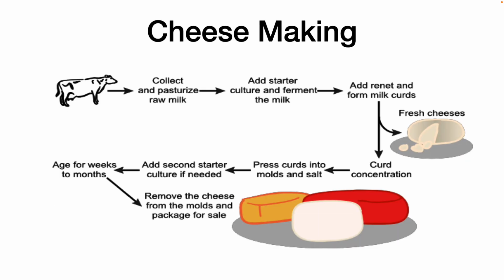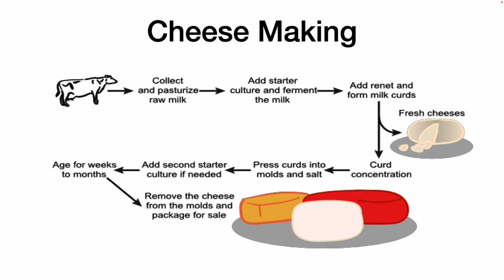Cheese is a favorite food worldwide, with about 21 million tons of cheese consumed annually. There are over 1,800 types of cheese, but they all rely on the action of lactic acid bacteria to ferment the lactose in milk to lactic acid. The process begins with the pasteurization, or heating, of raw milk to kill pathogens.